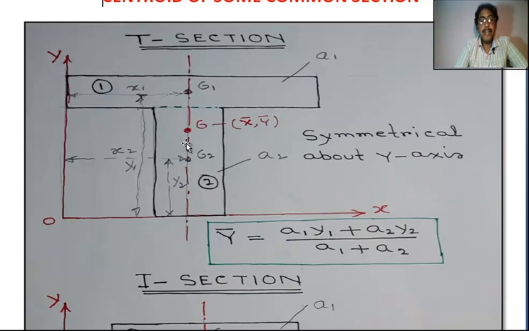This distance is y bar. This distance is fixed. This distance is half of this distance. Here only we calculate y bar. This distance x bar is half of this flange distance, the top flange. Okay.